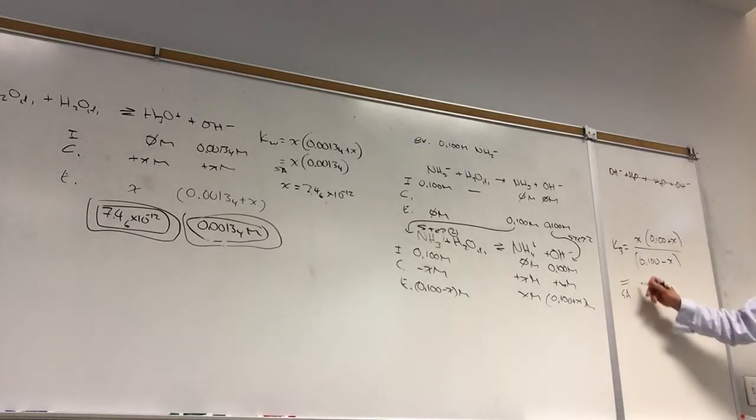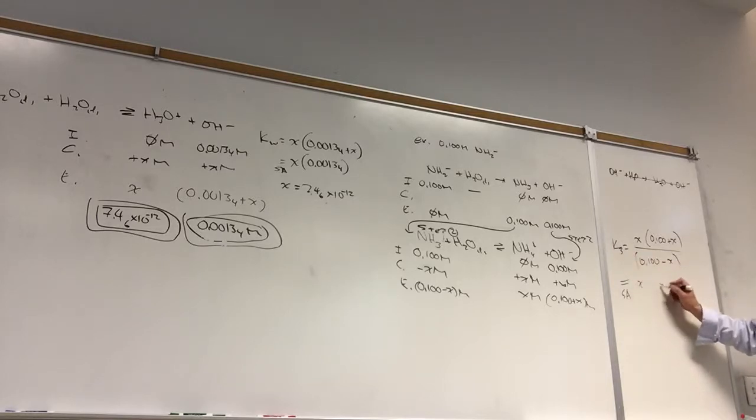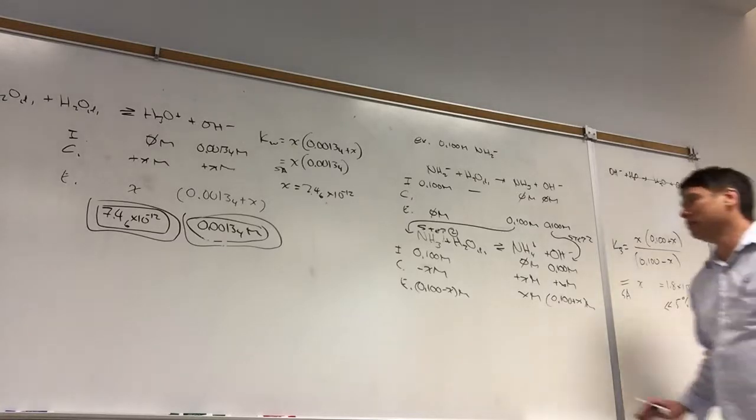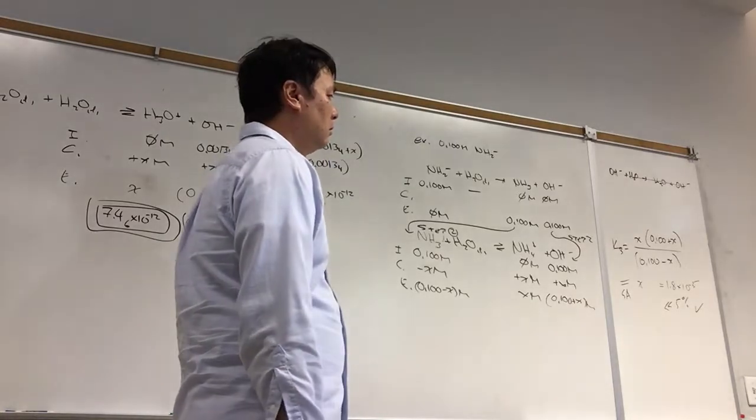If I do that, then x is equal to Kb, which is equal to 1.8 times 10 to the minus 5 from earlier. And 1.8 times 10 to the minus 5 is way less than a 5% change, so we're good with that. All right, so go back up. How do you get from here all the way to the answer?